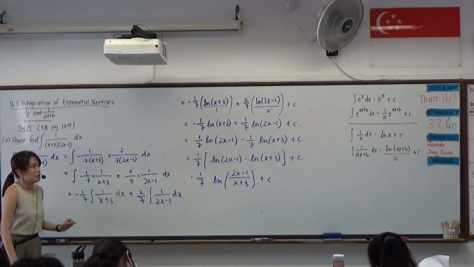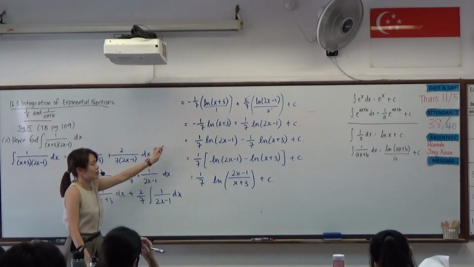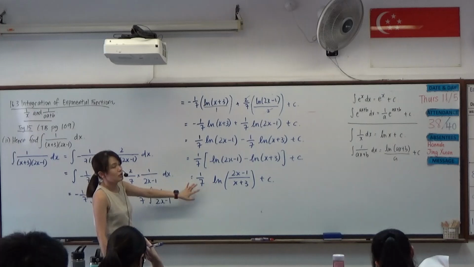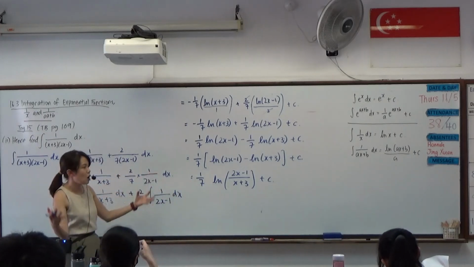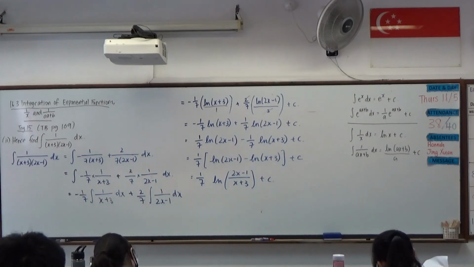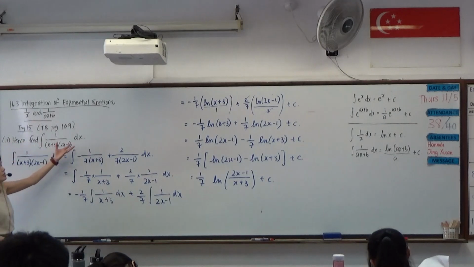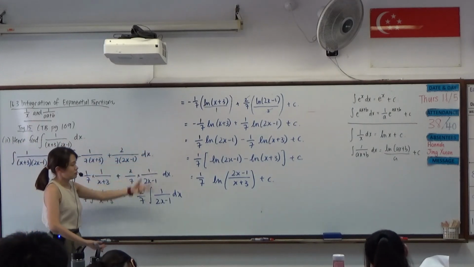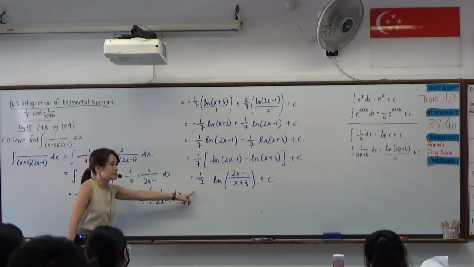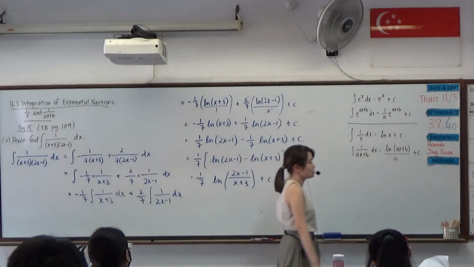So you can apply your logarithm law and arrive at this more compact answer, which may sometimes be an expectation in the exam question. Because sometimes they may say, hence find this in a particular form. So this might be something you need to learn how to arrive at as well.